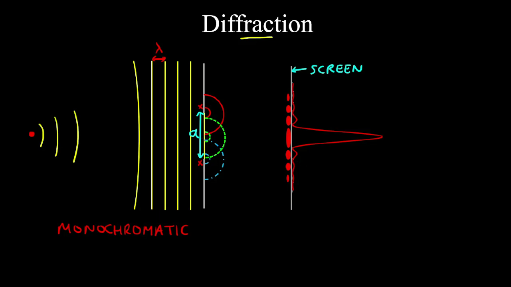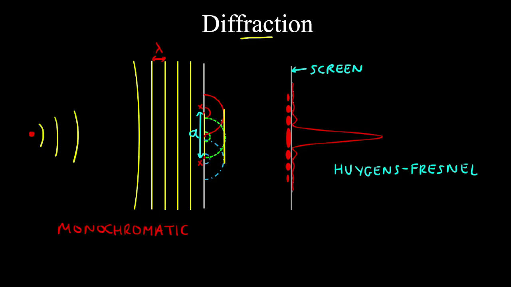But this doesn't happen due to the Huygens-Fresnel principle, where each point on the wavefront is a source of spherical wavelets. So note that there's an infinite number of sources of spherical wavelets on the wavefront. As these wavelets propagate and interfere with each other, the wavefront progresses as follows.